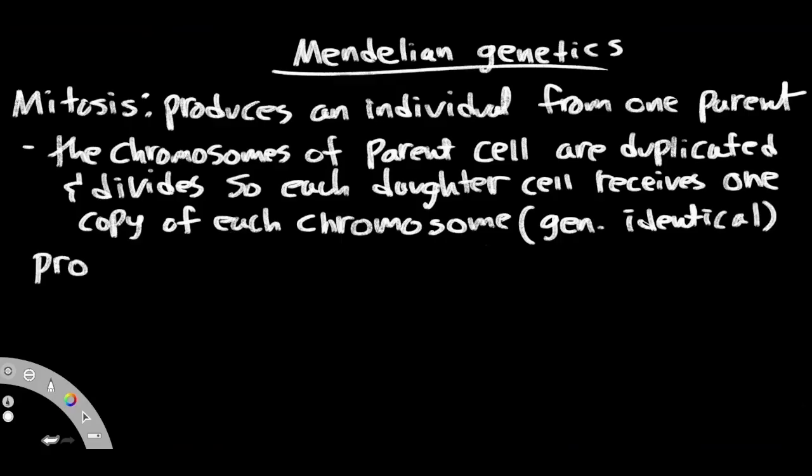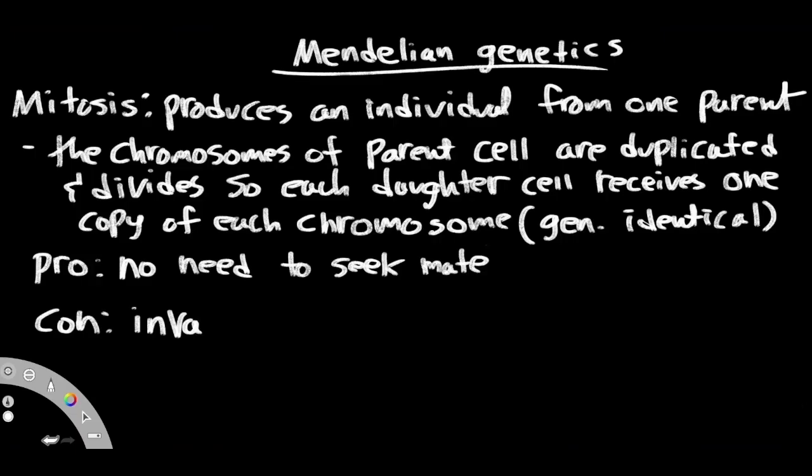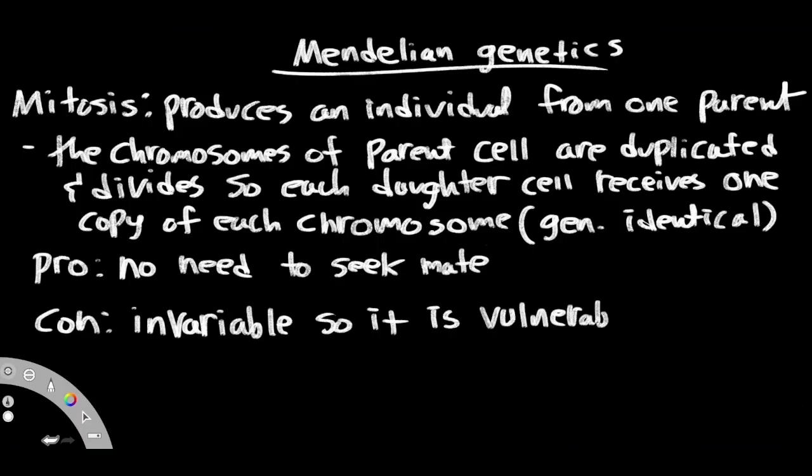A pro for this is obviously no need to seek a mate, so it's very energy efficient, okay? It's not costly or taxing. But obviously an issue is that it's invariable, so it is vulnerable to diseases easier.